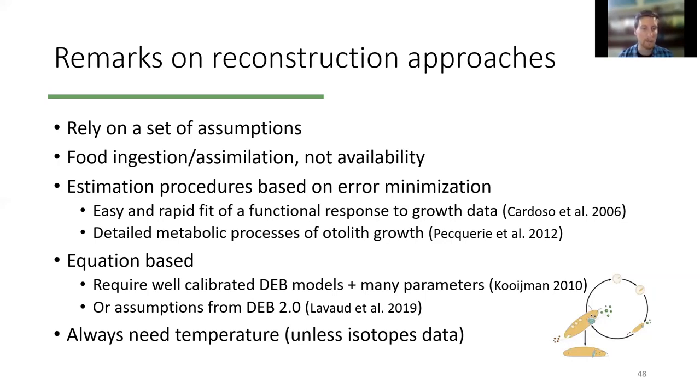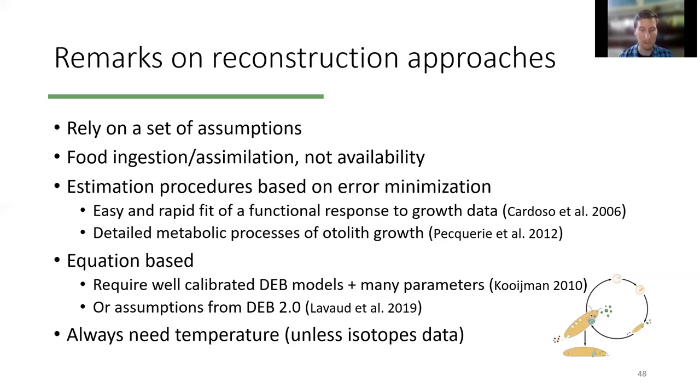And the last point that you might have noticed too is that pretty much all the time in these approaches, we still need some environmental data, namely temperature, unless you are working on an organism that has a structure that can be used in isotopic analysis.